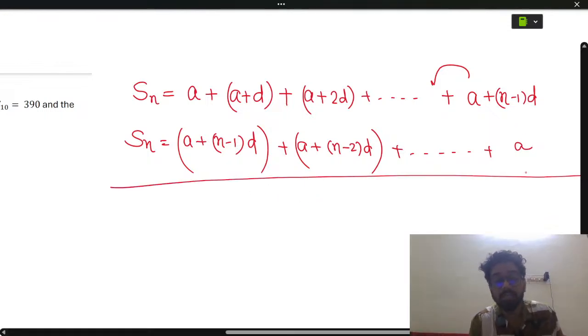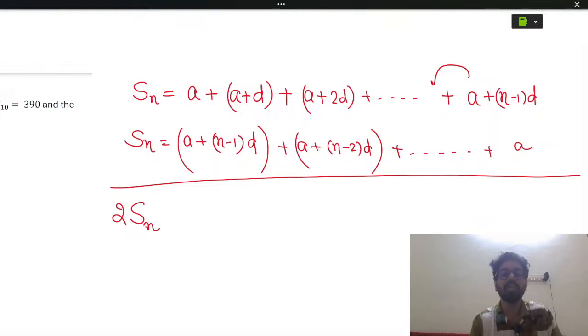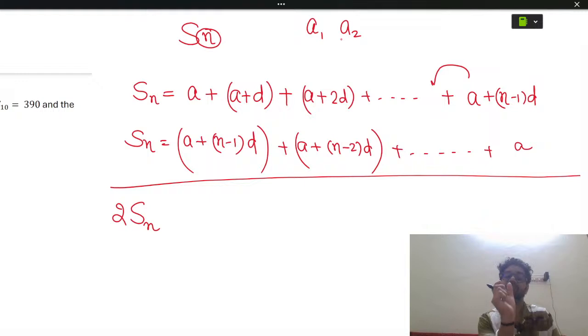Now add both equations, and you will have Sn plus Sn, which is 2 times Sn. Don't get confused, thinking Sn means S times n. No, this is a kind of prefix-suffix thing, like a1, a2; it's not a times 2. It's a variable which represents something.